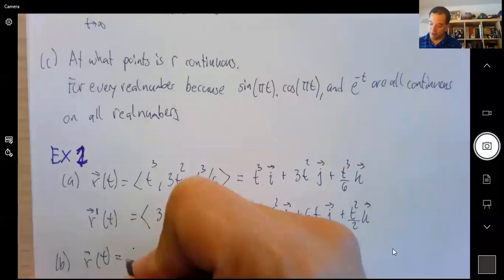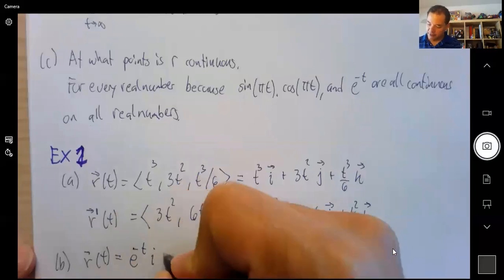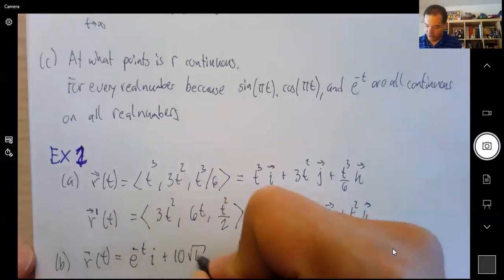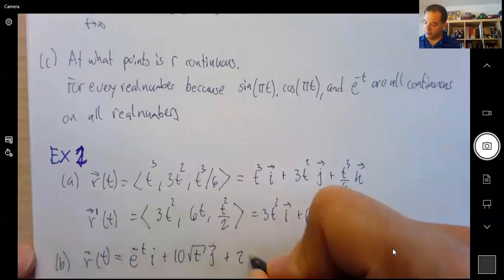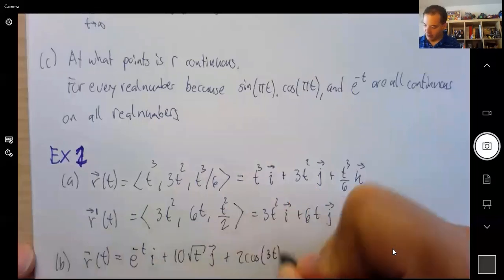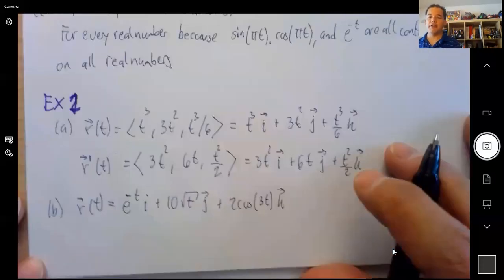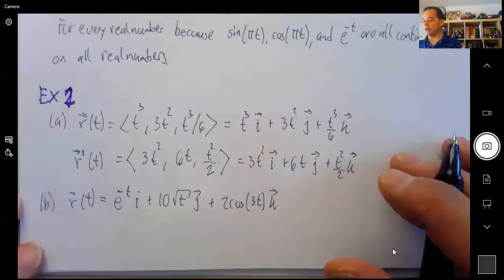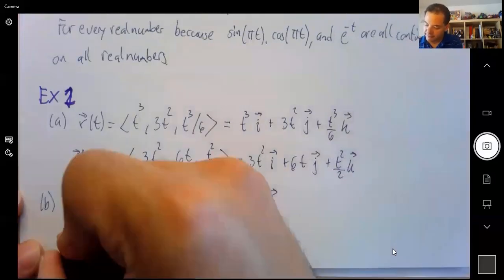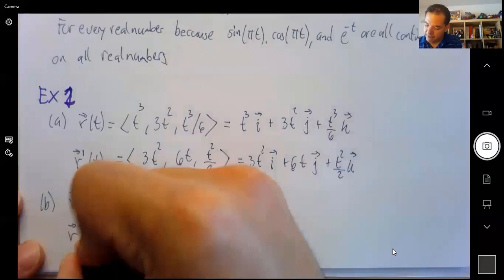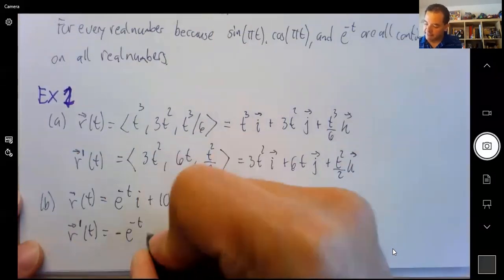So for part B, we have e to the negative t i plus 10 root t j plus 2 times cosine of 3t k. And just like I was telling you, there's nothing new here. It's just like we need to do 3 problems instead of 1, right? So here's the derivative. The derivative of e to the negative t, that's negative e to the negative t.